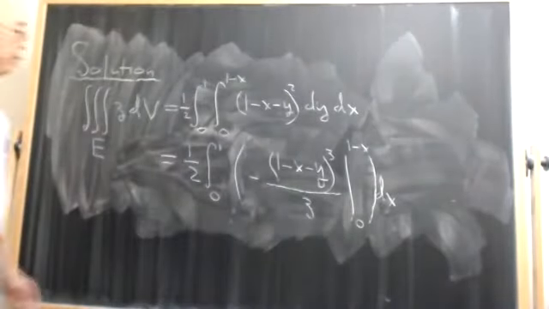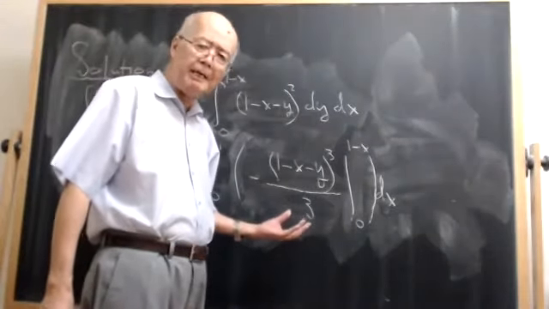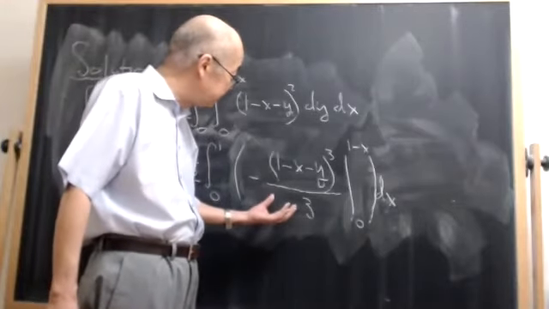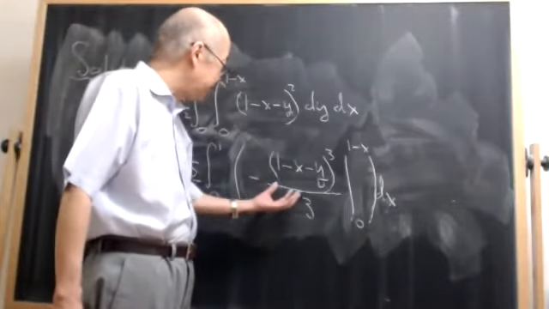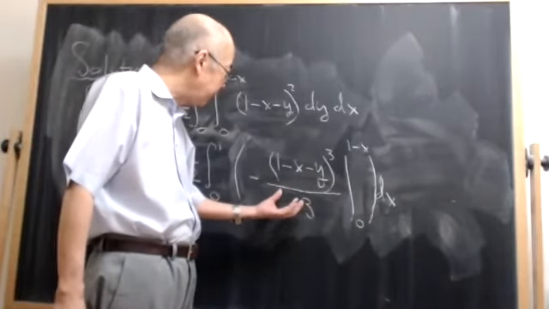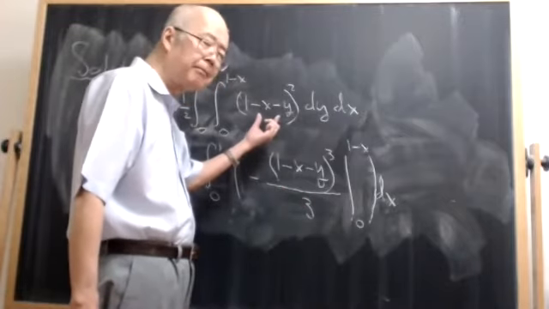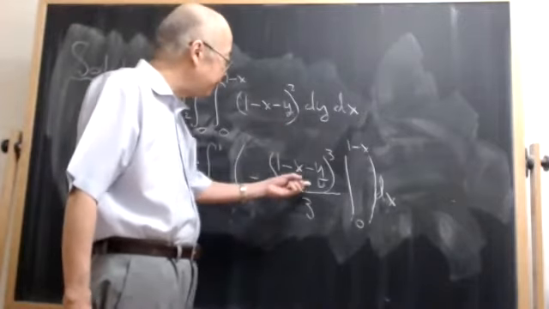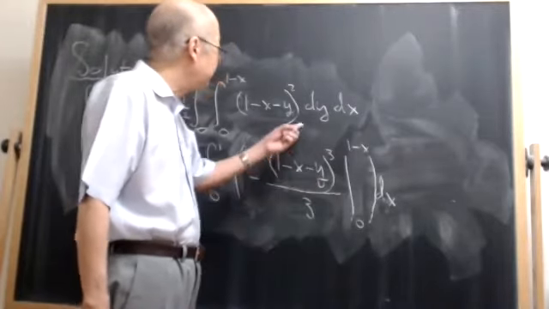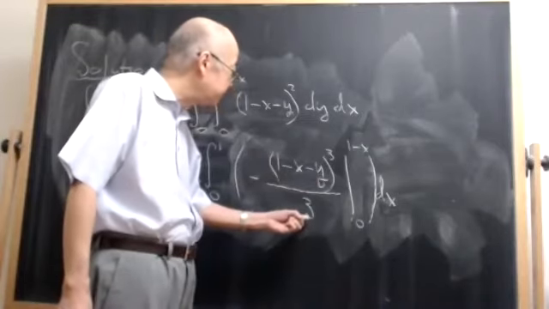Now, not every student can integrate by inspection. Well, if you don't believe it, then you can differentiate this function, and you will see that you will get this back. When you differentiate with respect to y, 3 comes down, canceling this.